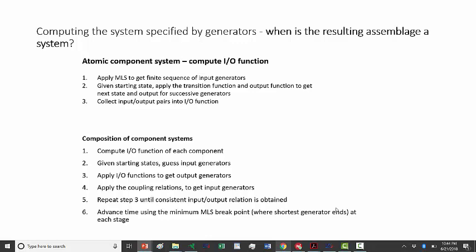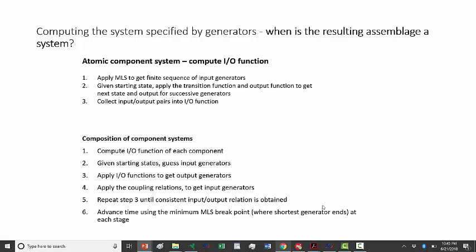But to compute the input-output function of the composition of the coupled system, we really have to guess at what the input and output generators are that satisfy all the constraints imposed by the coupling relation and by the individual component input-output relations.